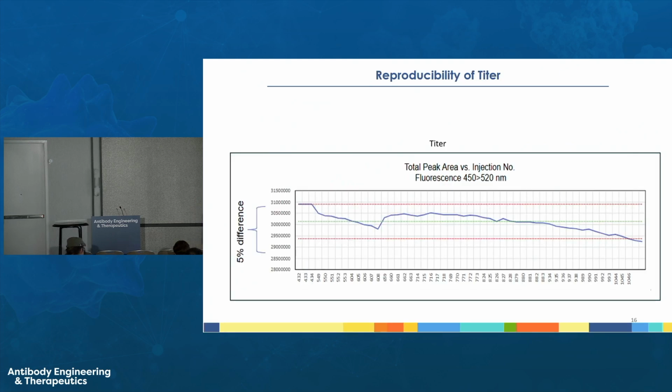Another really nice feature is, we find that the total peak area is very stable. If you use the same instrument, you can do almost, this is like 600 and something assays we did. There's only 5% difference in the peak area.